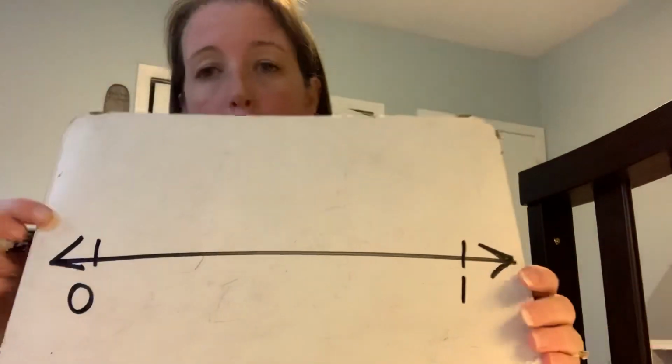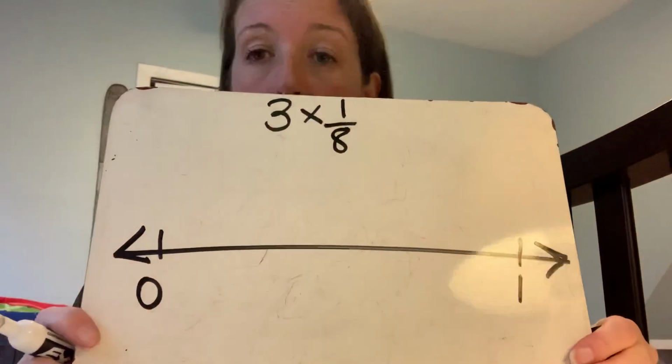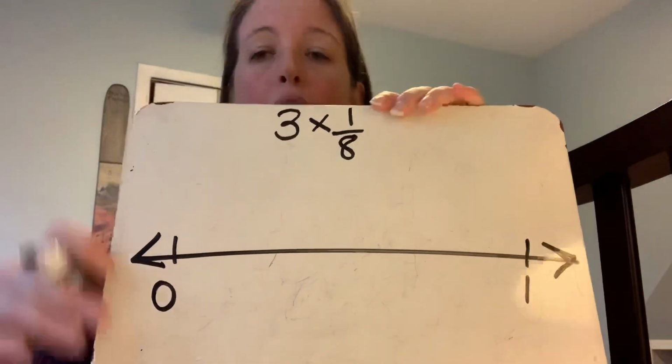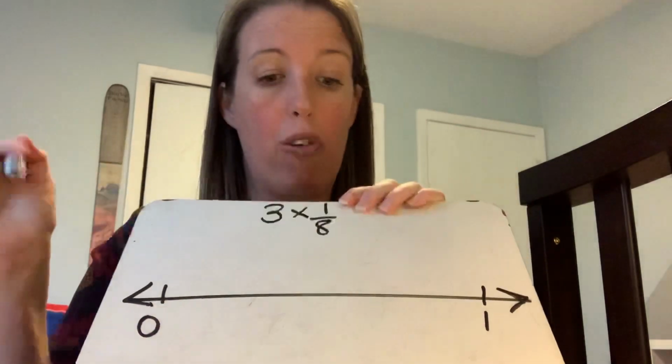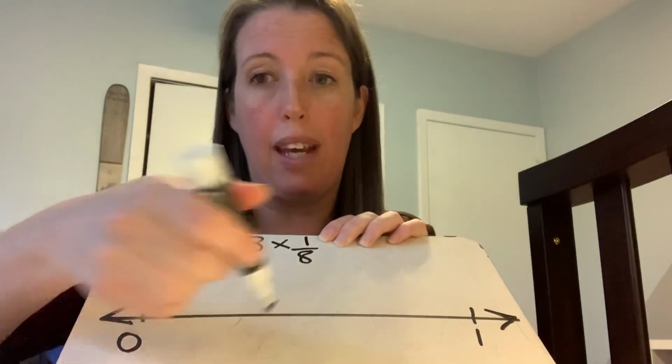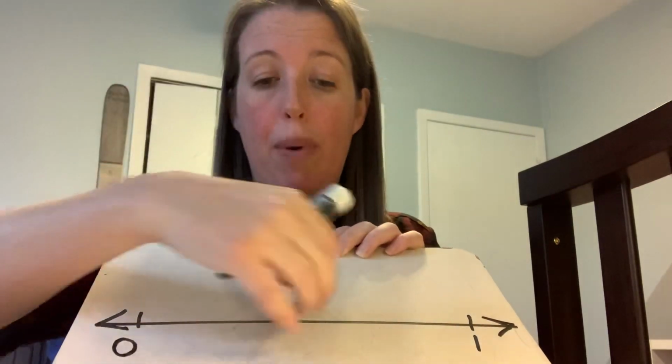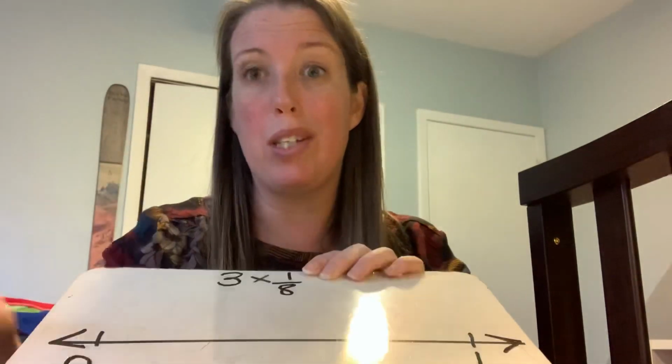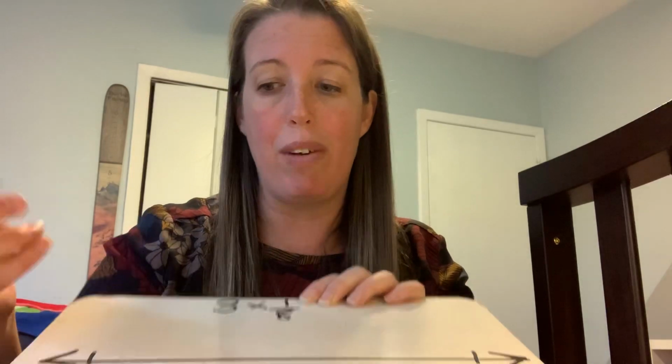And since we want to show 3 times 1/8, I'm going to partition or split my number line into 8s. Couple of things to remember when making your number lines. If I'm making 8s, it doesn't mean I'm making 8 extra lines. It means I want to have 8 parts on my number line, so that actually means making 7 markings.